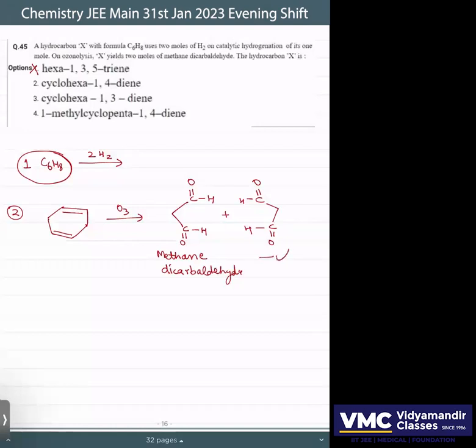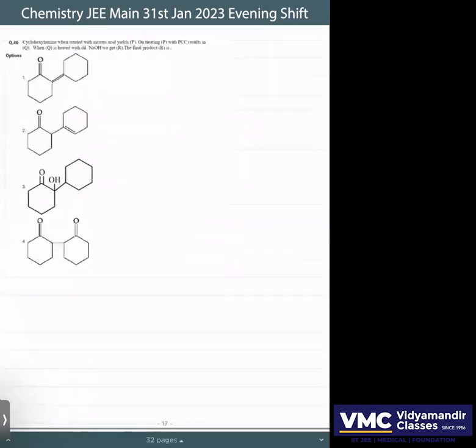And the second compound is also same, methane dicarbaldehyde. So we get 2 moles of methane dicarbaldehyde from option second. So our answer is option second, right? Next question.